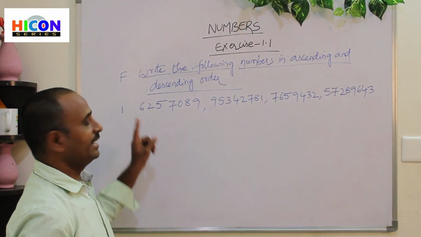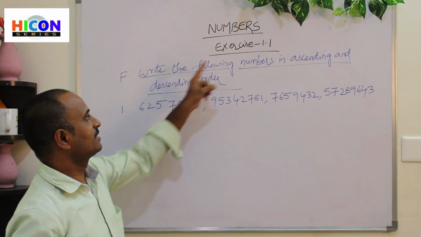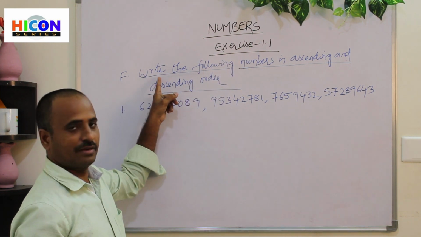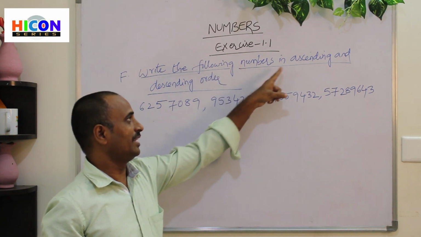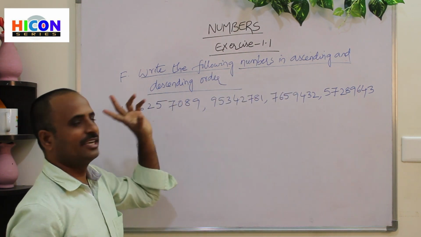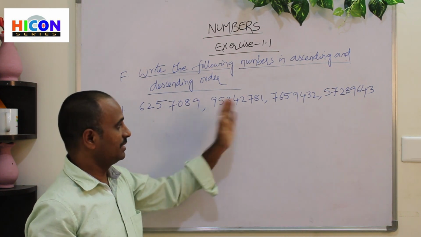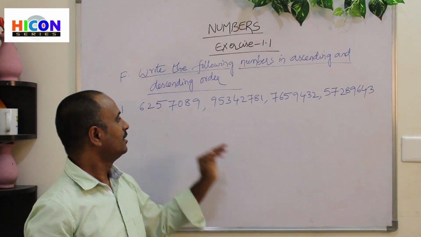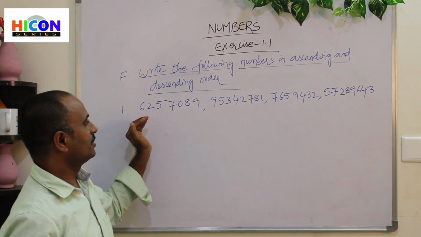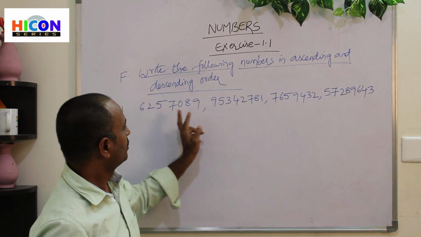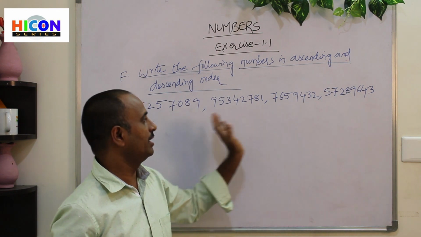So the next section, F, in exercise 1.1. Write the following numbers in ascending and descending order. So now we have to write these numbers in ascending and descending orders. See the first problem. There are 4 numbers given.